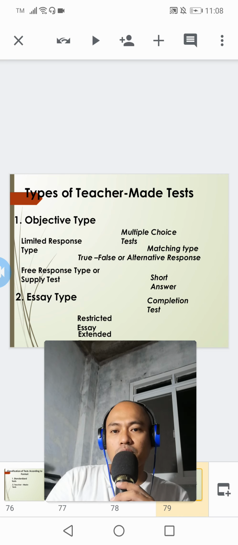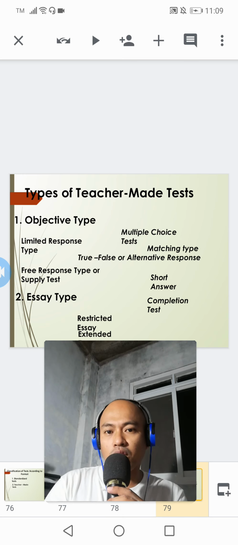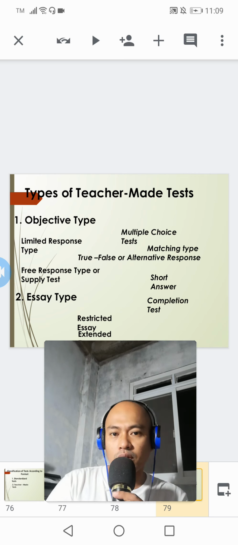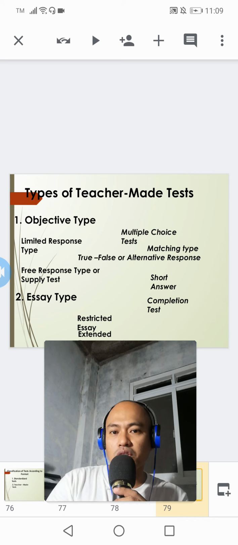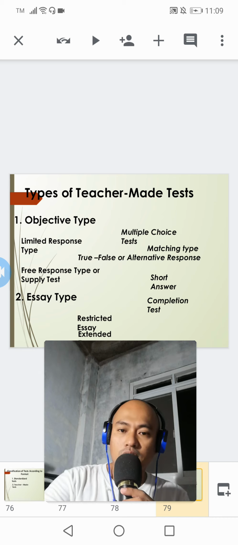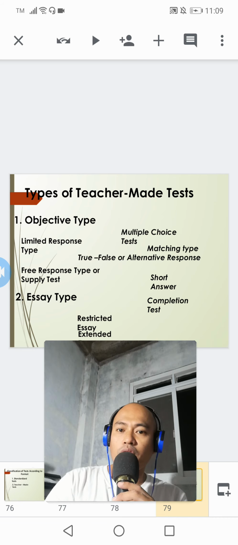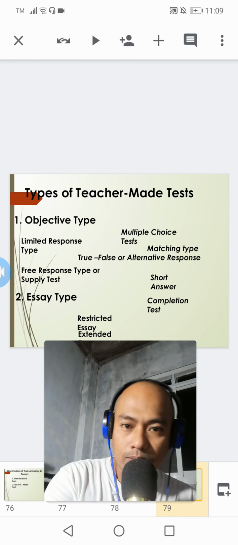For the free response type or supply type, which is one category of the objective type of test, we can give a short answer or maybe a completion test. Under this essay type of exam, we can give restricted essays or extended essays. So these are the two types of essay type of exam. We have the restricted and extended.